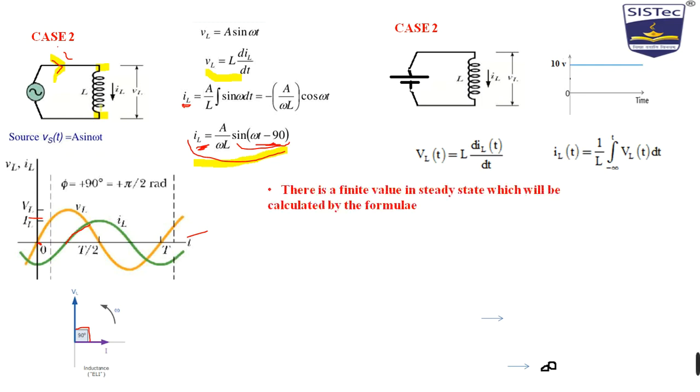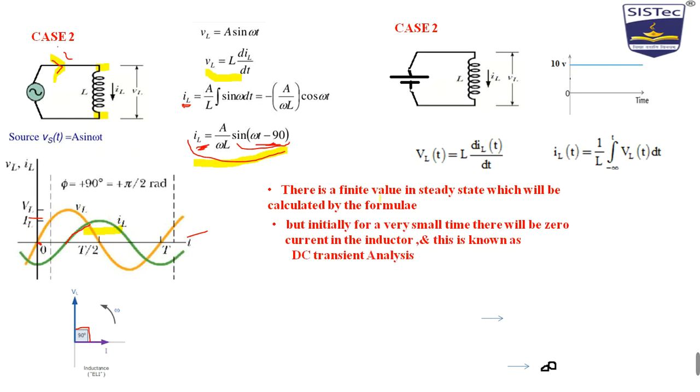Now let us examine the case of the inductor. The formulas for the inductor with DC circuit analysis I have written. There is a finite value in steady state which will be calculated by the formula. I will tell you the meaning of this, but initially, for a very small time, there will be zero current in the inductor, and this is known as DC transient analysis.